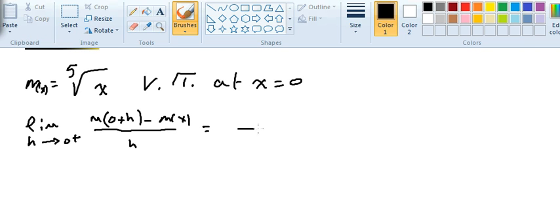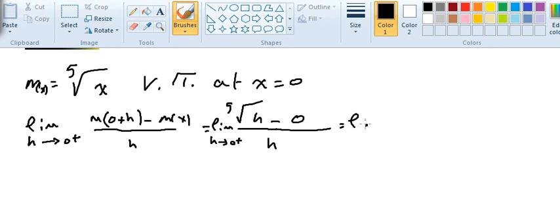Here x is 0, so it is the limit as h approaches 0 plus of m of 0 plus h, which is m of h, the fifth root of h, minus the fifth root of 0, which is 0, over h. That is the limit of the fifth root of h over h as h approaches 0 plus. If we substitute 0 instead of h, we get 0 over 0, so we have to continue.